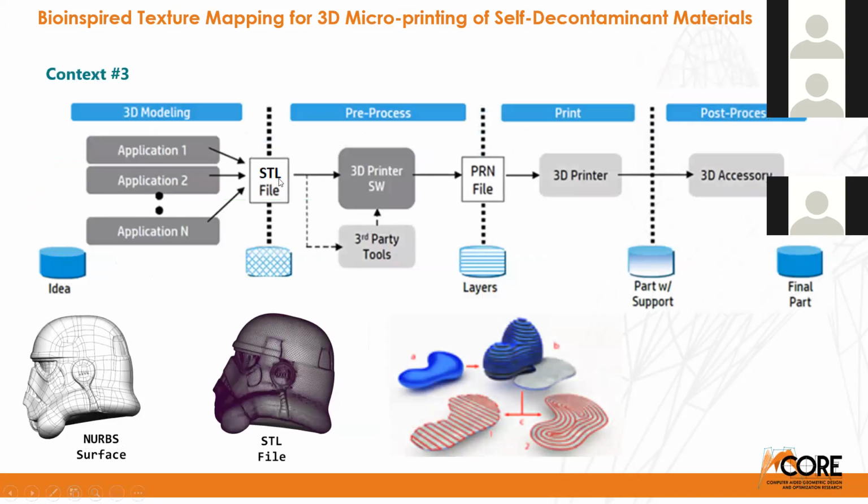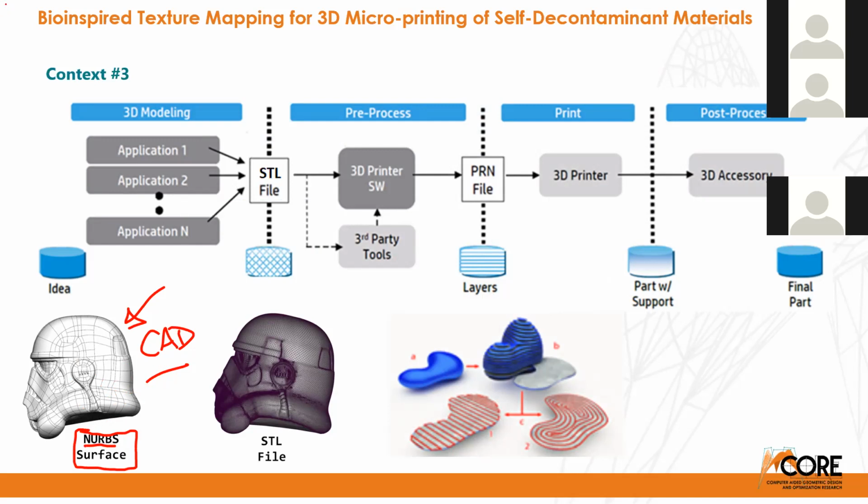And then the context number 3, which is important for us, is this pipeline. It's a pipeline of 3D printing. In 3D printing, you have an object like this. You model the object in CAD software, computer-aided design software, that probably uses parametric types of surfaces like NURBS.